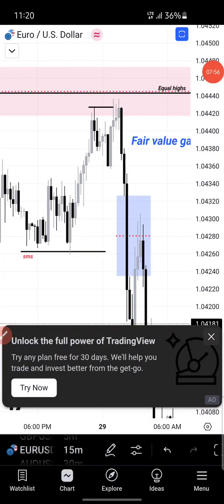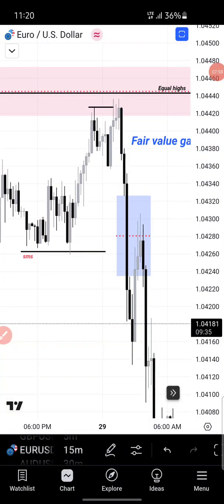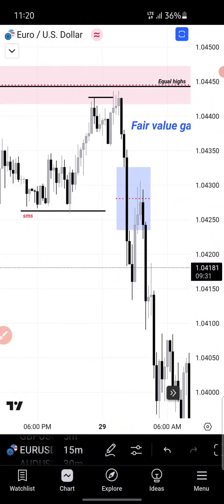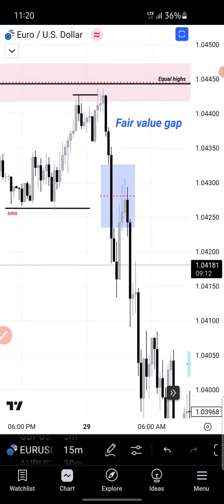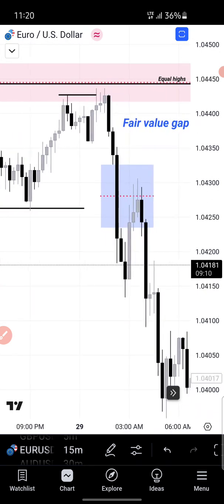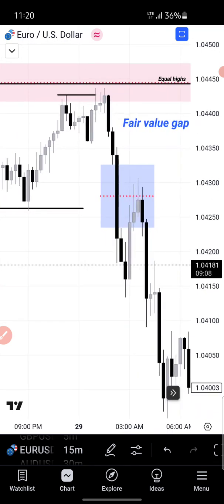Now, when price went down aggressively to the downside, it implies that the algorithm is now firing in a sell position. This is not referring to the fact that there are sellers in the market. The algorithm is just offering sell side delivery. So once we had this shift in market structure right here, all we have to do is wait for price to go to the fair value gap.